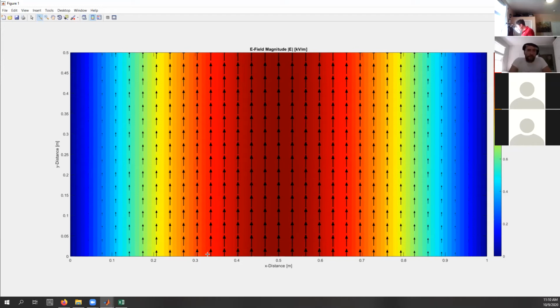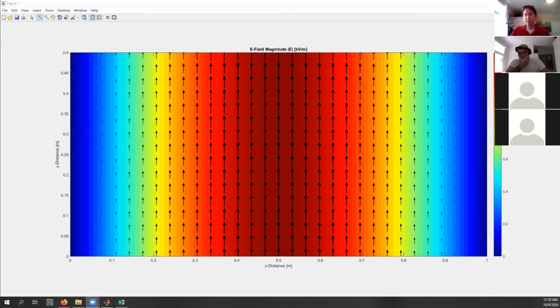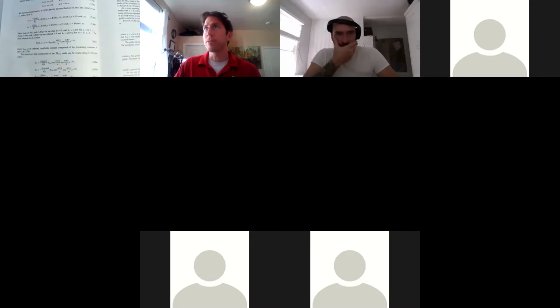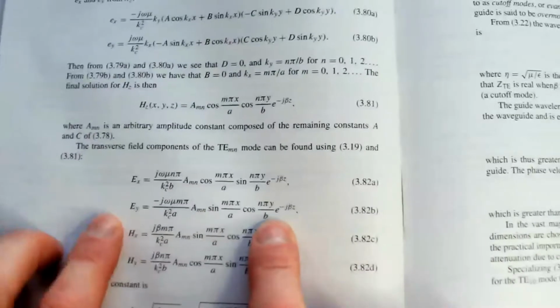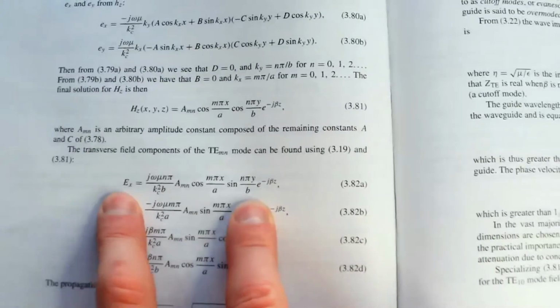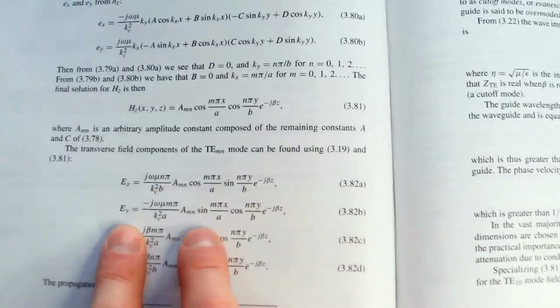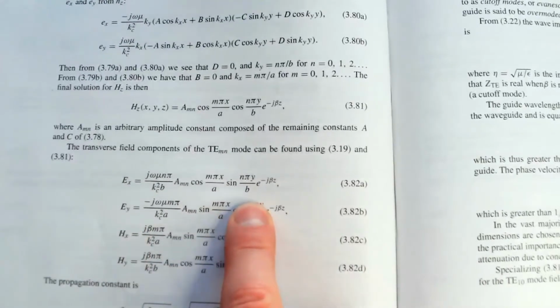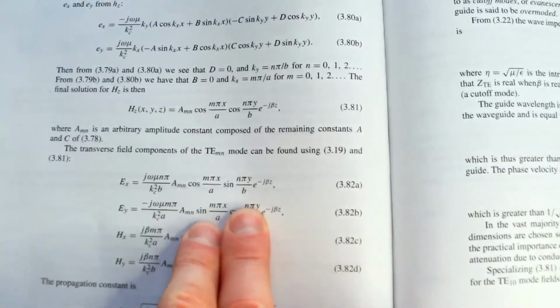And so at y equals 0, let's take a look at the equations in the textbook. This is on page 112. You notice at y equals 0, the Ex went to 0. No tangential electric field along that boundary. This cosine term goes to a constant, so you are basically just seeing this sine term when you let y equal 0.